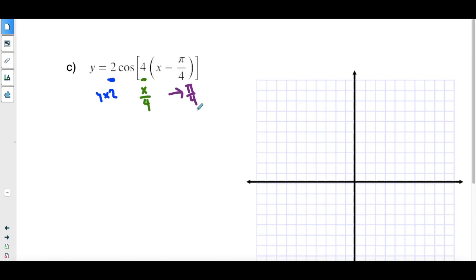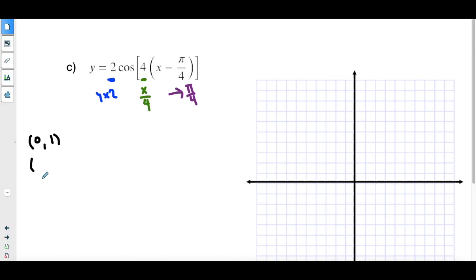Just like in part B, I'm going to write down my original points. Something to note here, since we're graphing cosine, it's going to have different points than our sine graph. I'm going to write down the points you'll need to know for the cosine graph.